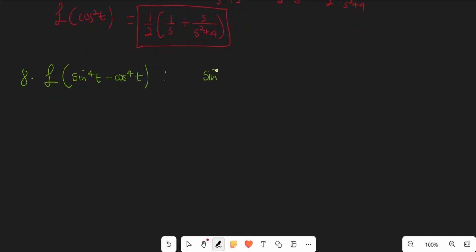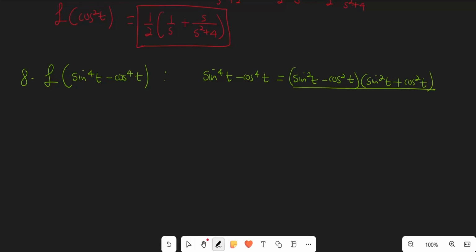So if I have sine to the 4th power of t minus cosine to the 4th power of t, this one can be written as sine to the 2nd power of t minus cosine to the 2nd power of t. And this is multiplied by sine to the 2nd power of t plus cosine to the 2nd power of t. Right?